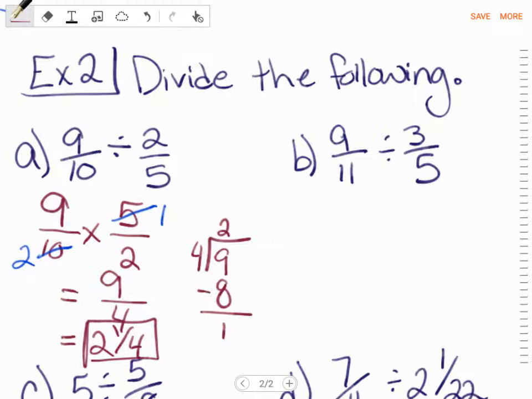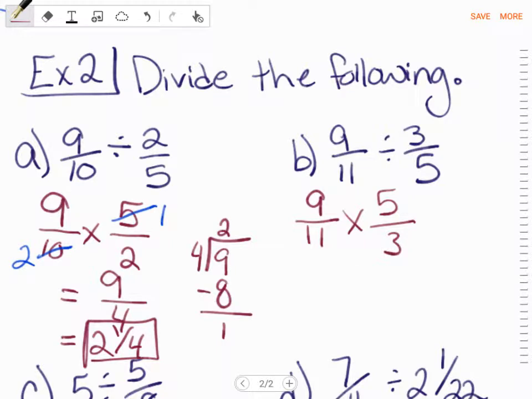My next one over here, letter B, I have 9/11ths divided by 3/5. So in order to start this problem, my first step is to multiply my first fraction by the reciprocal of my second fraction. So I'm just saying multiplied by my second fraction flipped upside down, so 5/3.